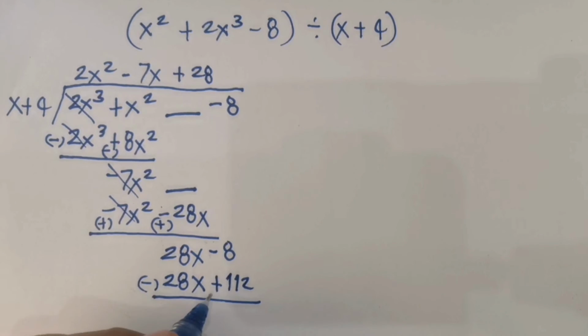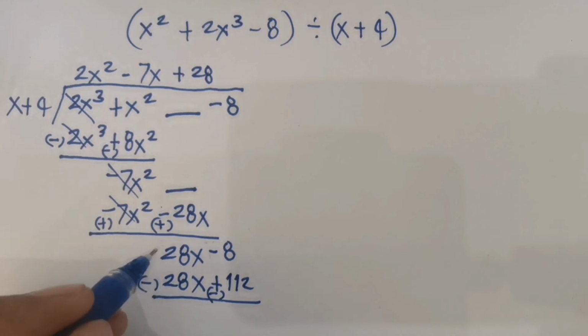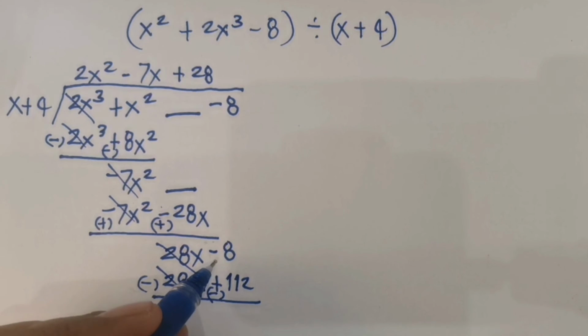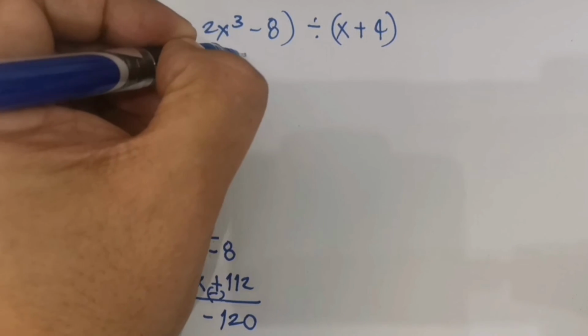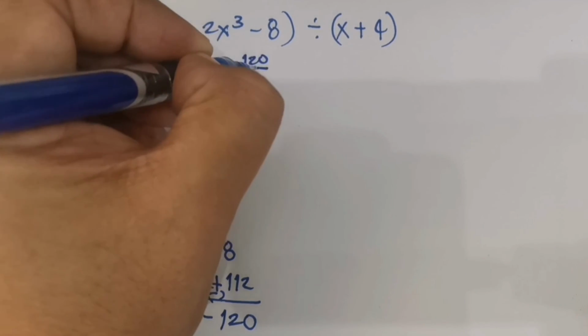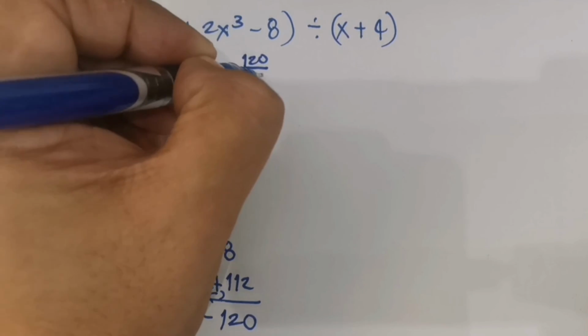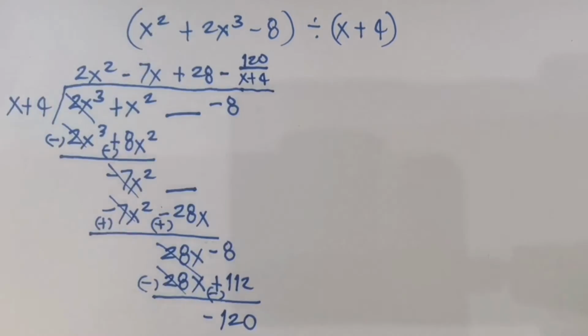Subtract, change the sign, cancel out, negative 8 plus negative 112 is negative 120. So, write natin yung ating remainder, negative 120 over the divisor, which is x plus 4.